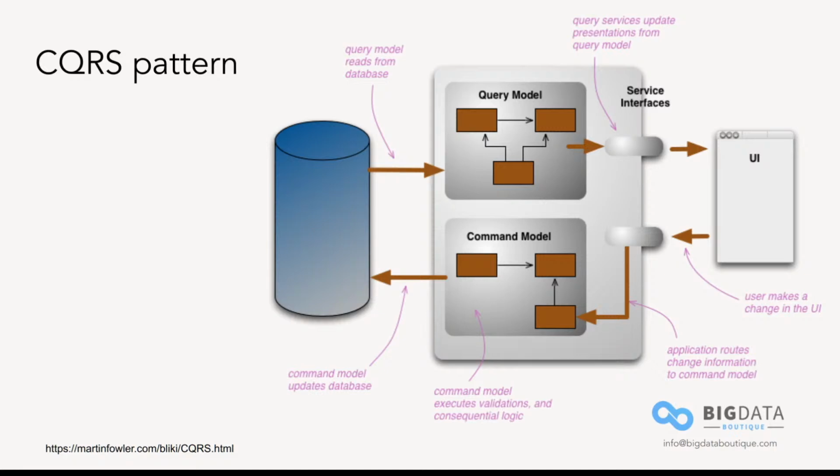We execute validations, logic, and whatever, and then we update the database. When we need to read, we have the query model with different service interfaces, so we access the database to read the information.